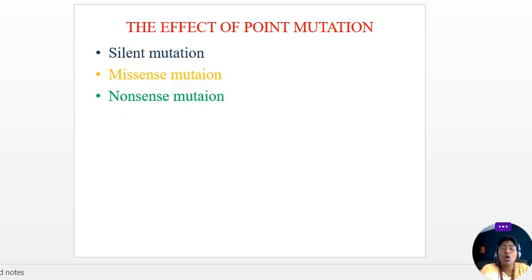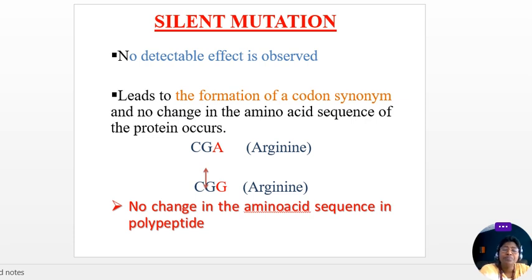And this point mutation may produce a silent mutation, missense mutation or nonsense mutation. In a silent mutation, we do not observe any detectable or harmful effect. Why is it not harmful? Because there are synonymous codons. What is a synonymous codon?